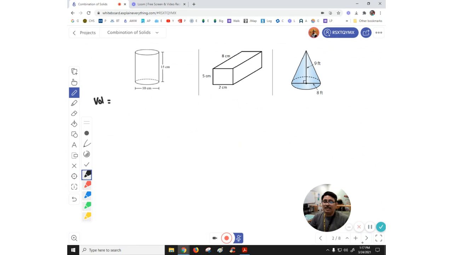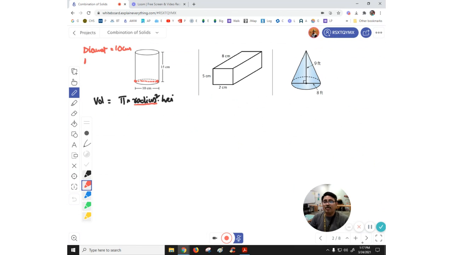Volume of a cylinder equals pi times radius square times height. I strongly recommend you to write the formula, because when you write it, it reminds you to take the radius. But I see that here, these 10 centimeters are marked, which is edge to edge and passing through the center. Therefore, this one must be diameter, right? Therefore, diameter equals 10 centimeters.